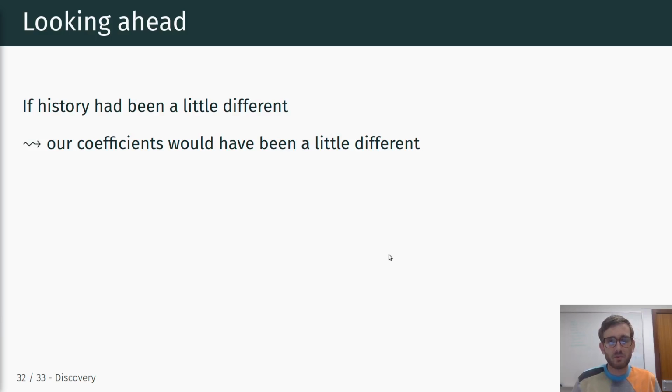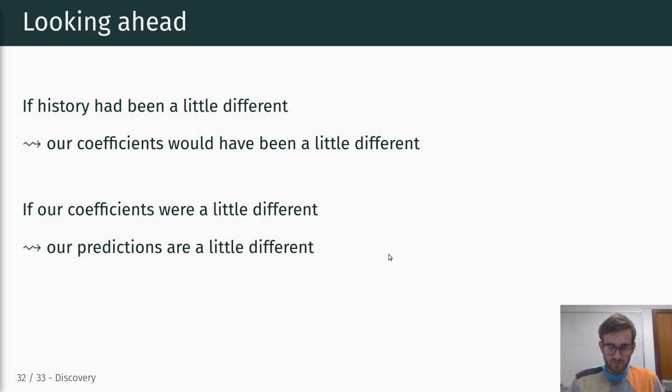So, for example, in this example with authorship, if history had been a little bit different, our coefficients would have been a little bit different. If some of these essays would have been written by different authors, and the coefficients would have been a little bit different, of course our predictions would have been a little bit different, and the question is how different, to what extent would this make a difference, right?